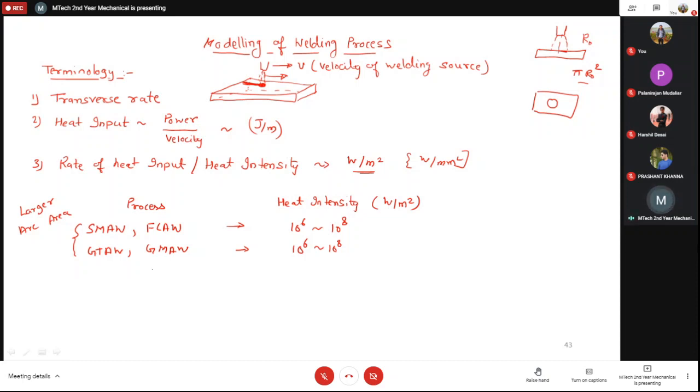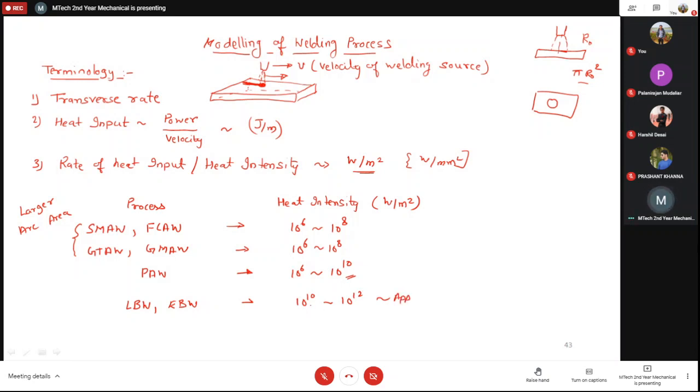Okay, so similarly, if we go to plasma arc welding, we are using a torch here or small plasma. Then it can vary from this range to even higher, let's say 10 to the power 10. Okay, so this is a bit higher side. And if you go to the processes which have highly localized beams, like the laser beam or the electron beam, then they can go to even higher sides, let's say 10 to the power 12 watt per meter square approximately.